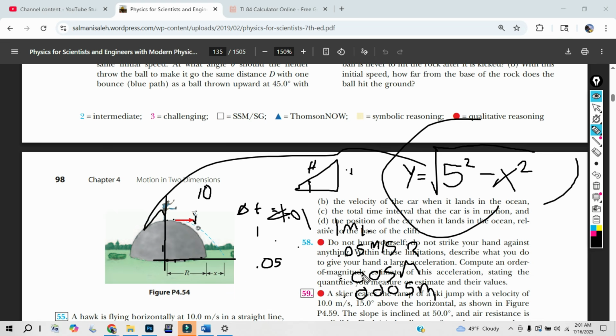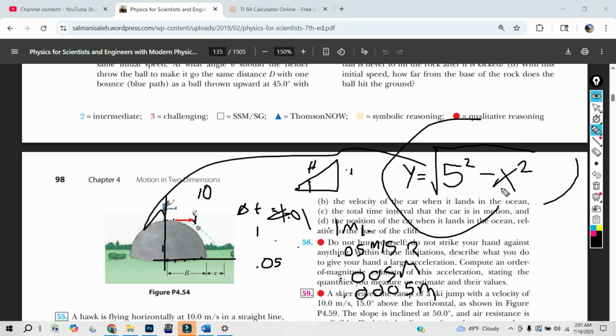Just by dropping the change in time by 1/10, the distance of free fall dropped by a factor of 100. It didn't just drop by 10.